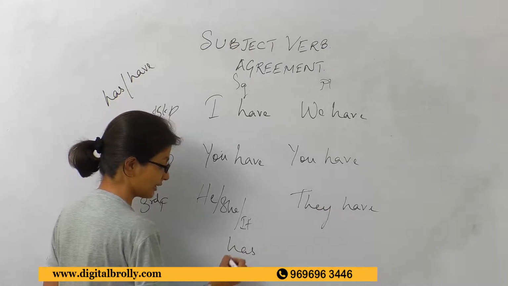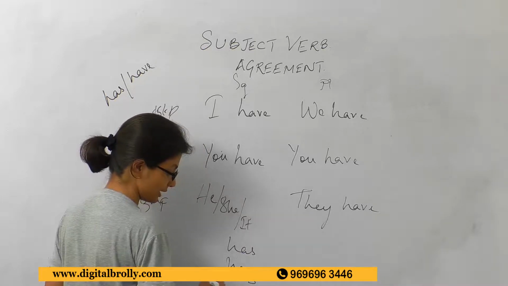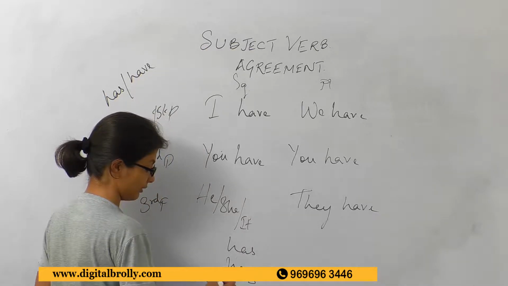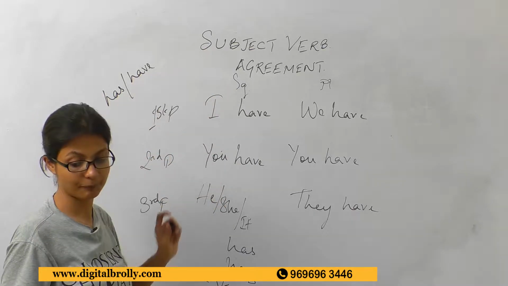So basically here again you are just replacing the VE with an S to come into that rule where the verb takes an S after it in case of third person singular.